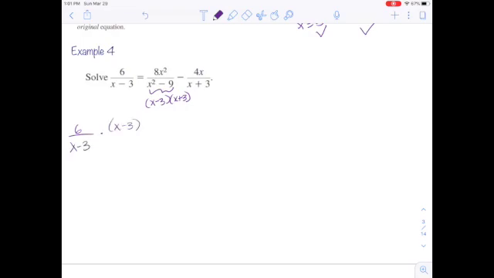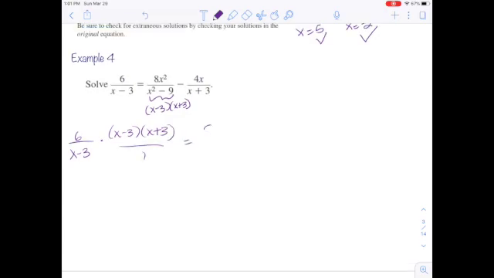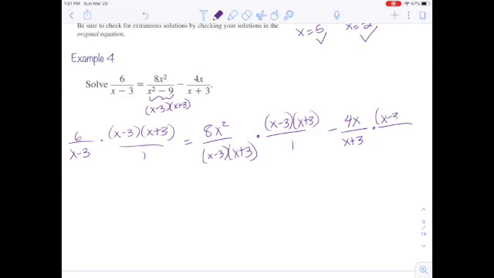6 over x minus 3 times x minus 3 times x plus 3 over 1 is equal to 8x squared over that. I'll leave it in factored form, times x minus 3 times x plus 3 over 1 minus 4x divided by x plus 3 multiplied by x minus 3 times x plus 3.